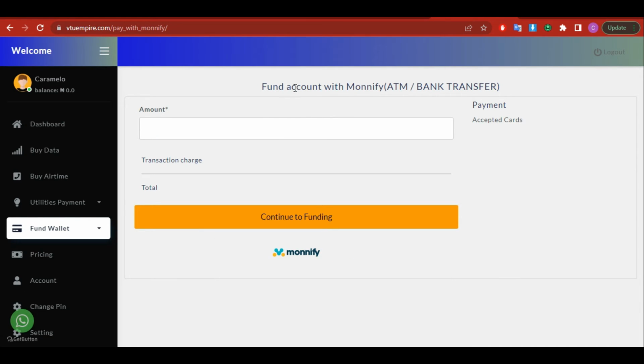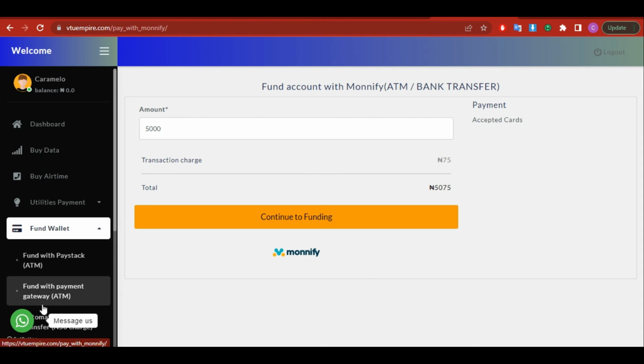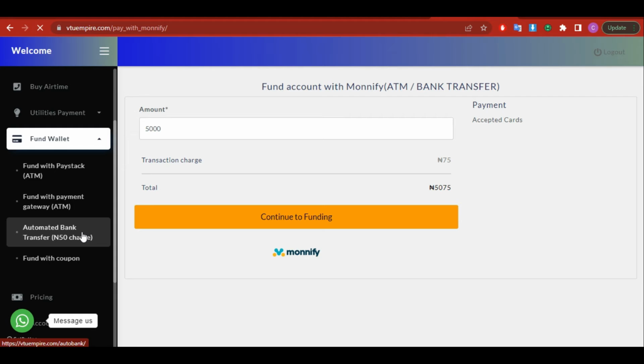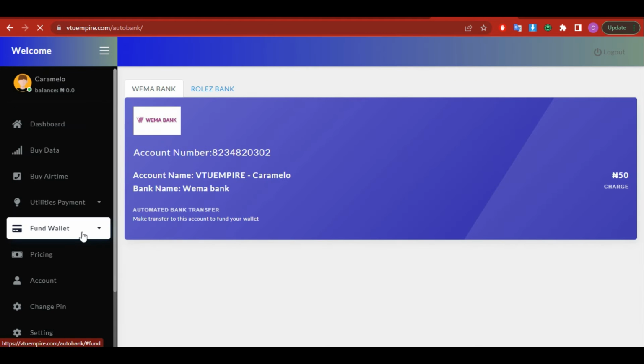Let's see what this one is. So fund with Monify. Their charge is 75 naira. And then fund with bank transfer. You can use your mobile app or USSD to do that. So you transfer that money to the account number that will be displayed on yours.